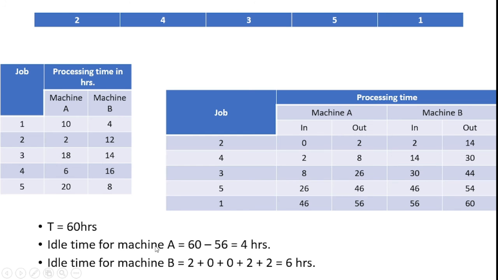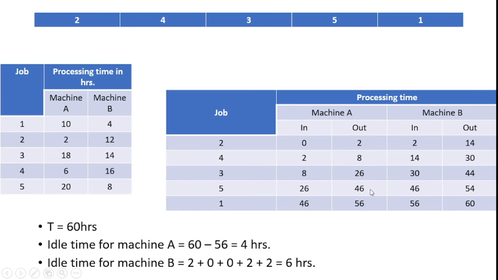Idle time for machine A, what is the idle time? In machine A, is there any waiting time available? Yes, the total machining time or processing time consumption is 60 hours. But in machine A, the total processing time consumption is 56 hours. So up to the completion of job 1 with the machine B, the machine A is waiting.